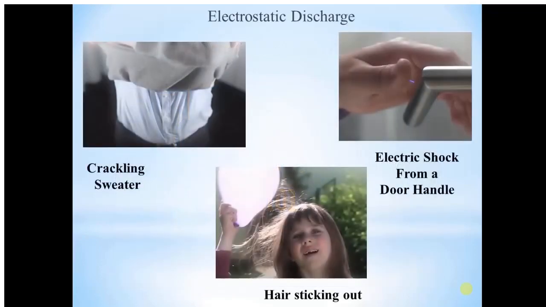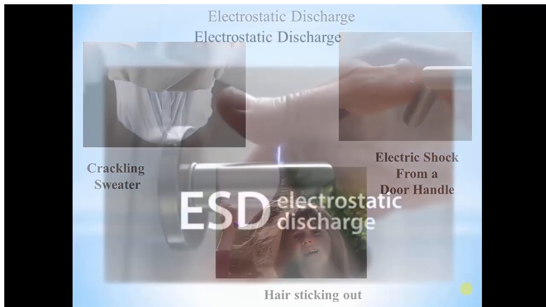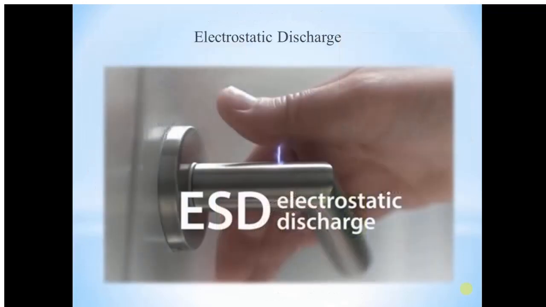We are all familiar with the moments when there is a discharge of static electricity, like a crackling sweater, hair sticking out when rubbed against a balloon, a small electric shock from a door handle, and so on. This phenomenon is known as ESD or electrostatic discharge, which is a sudden flow of electricity between two electrically charged objects caused by contact.